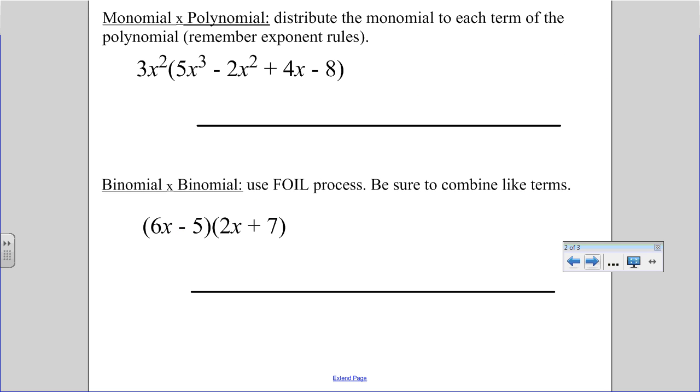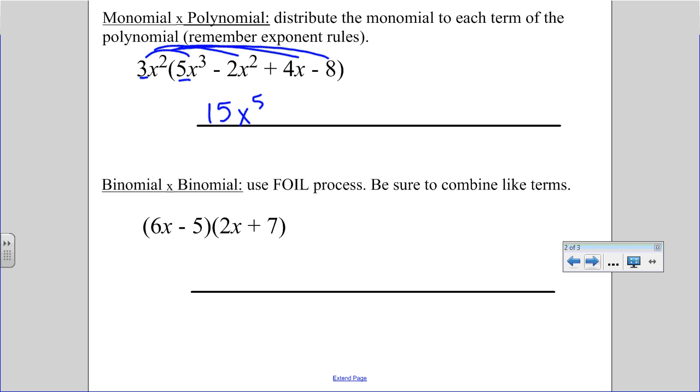Now we're going to move on to multiplication, and you guys should be pretty much experts at this. If it's a monomial, you're simply going to distribute to every term. Use your exponent rules, so we're going to add those up. We multiply coefficients, 15, and then we add our exponents. 2x's and 3x's is 5x's.